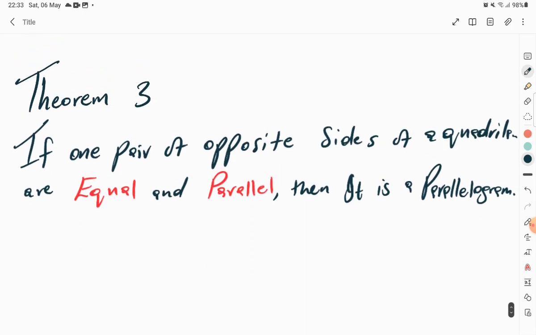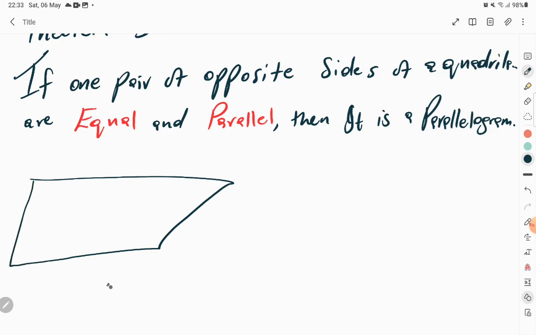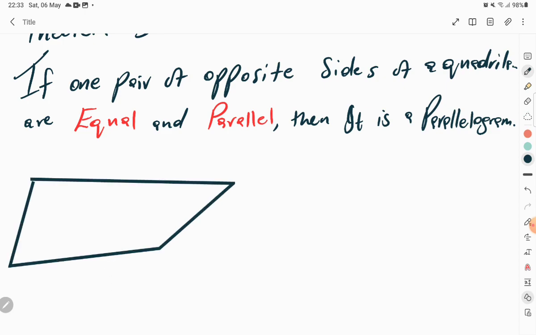Then let's get into number 3. Number 3 says if one pair of opposite sides of a quadrilateral are equal and parallel, then that is a parallelogram. So we can just have this parallelogram over here. It's not what I was trying to draw, but basically you can get the idea.